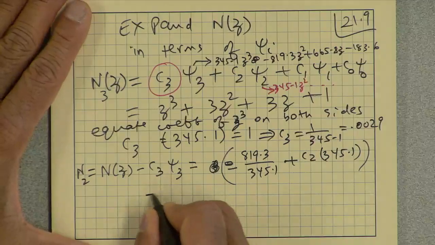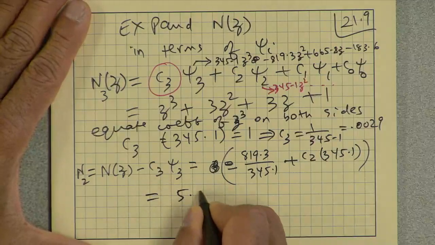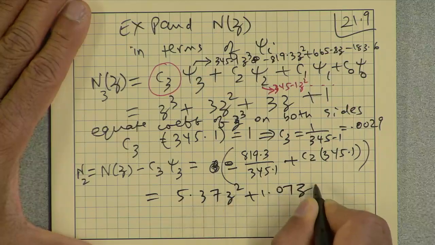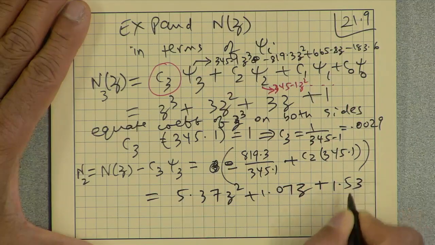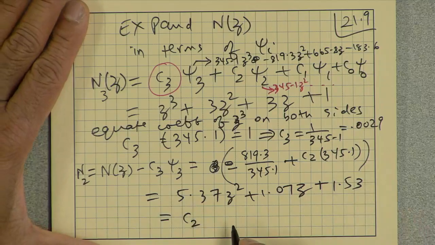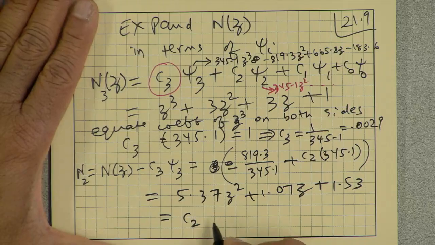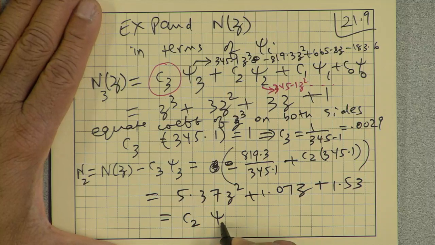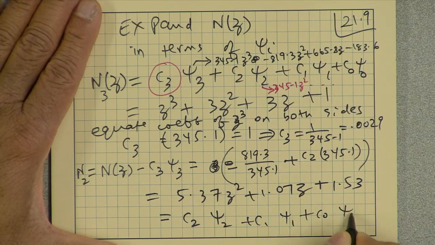And if you do that, this becomes 5.37 z squared plus 1.07 z plus 1.53, and this is equal to C2 psi 2 plus C1 psi 1 plus C0 psi 0.